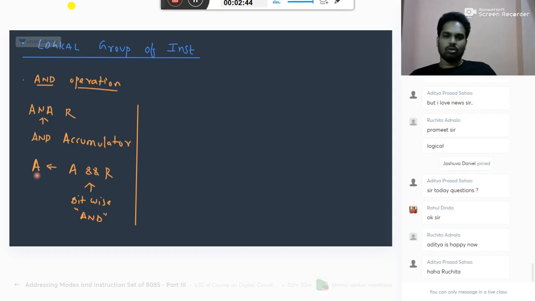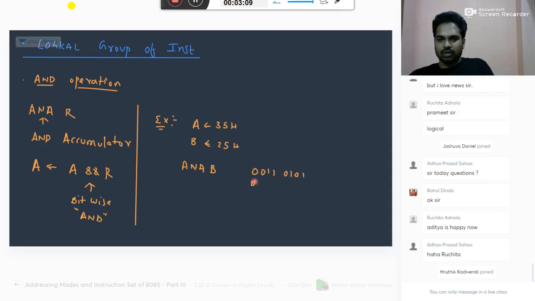Now listen here. For example, your A is having 35 hexadecimal, B is having 25 hexadecimal. I say AND accumulator with B. What happens is 35 means 0011 0101, 25 is 0010 0101.